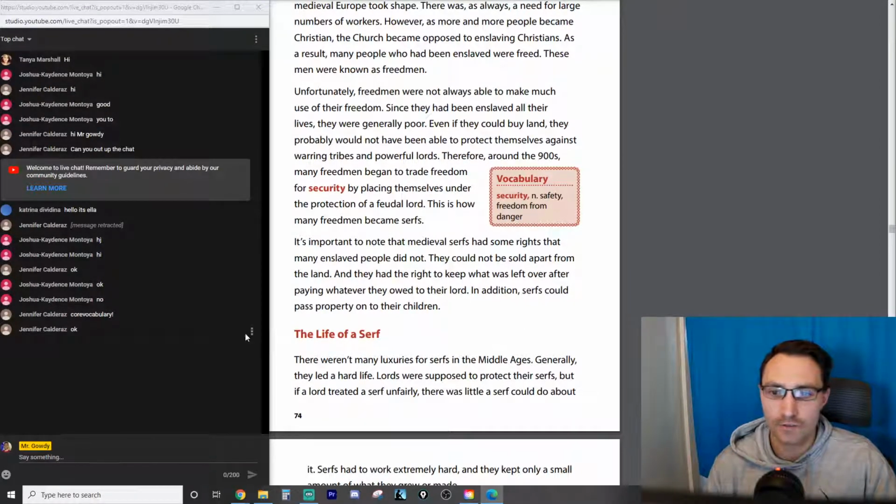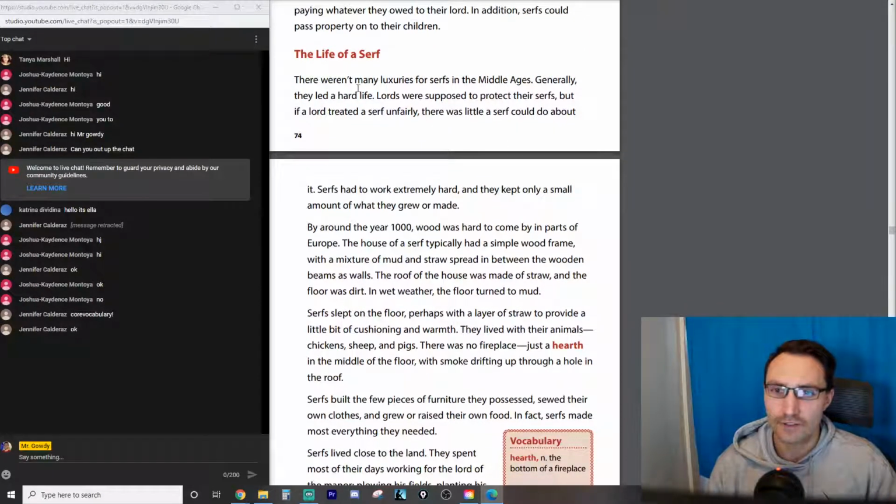In addition, serfs could pass property on to their children. What they owed to the Lord was basically like taxes. They worked in the field, they worked in the mills, they got milk, food, bread, they made things, and they owed a certain portion of that to the Lord, and they could keep the rest. Unlike a slave who doesn't get to keep basically anything besides their life and probably their clothes.